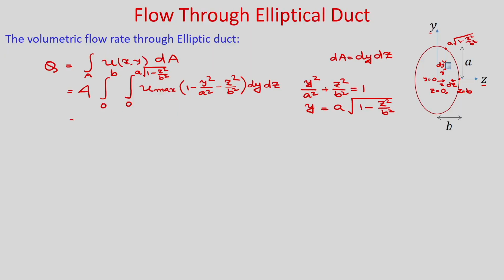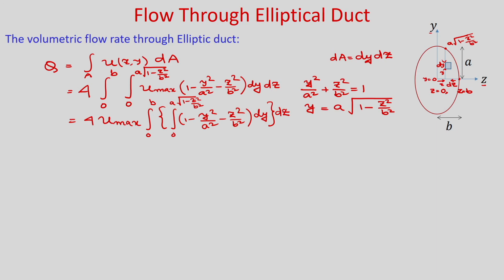We can write 4 u max outside the integral 0 to b. First we will evaluate this integral 0 to a root 1 minus z square by b square, 1 minus y square by a square minus z square by b square dy. Then after that we will integrate this term with respect to z.